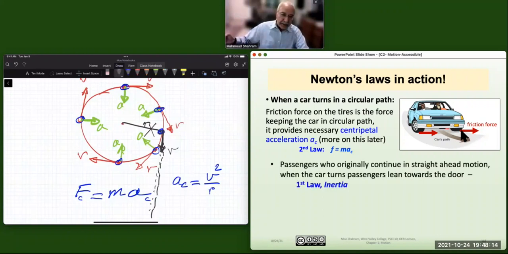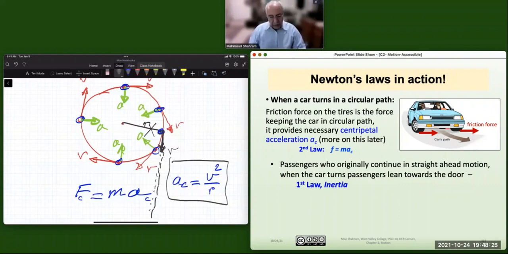The force that is actually real here is a centripetal force, because the acceleration, as we mentioned, is equal to v squared over r, the radius of the turn. And that's what we learn from Newton's second law that is involved in this situation. There's a force and there's an acceleration.